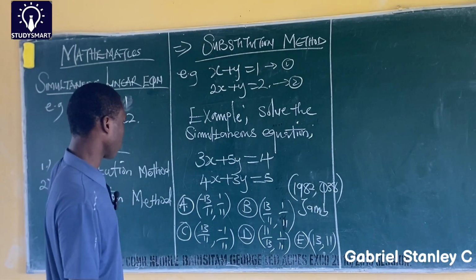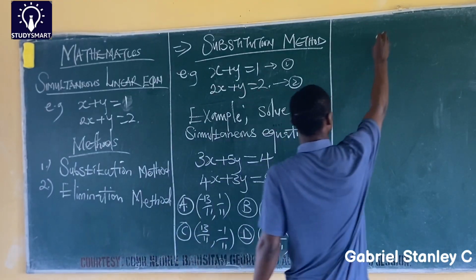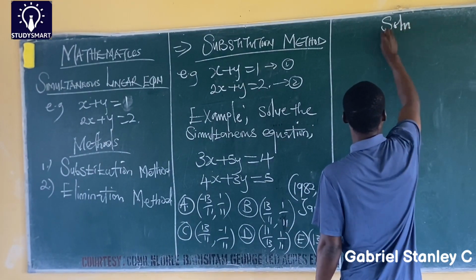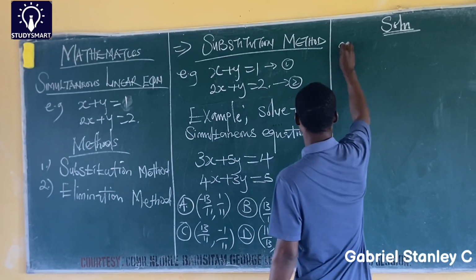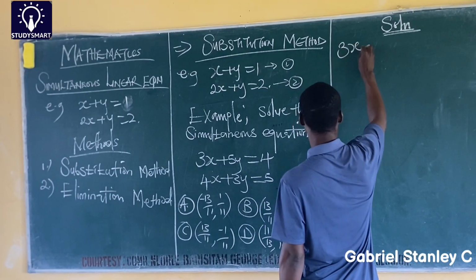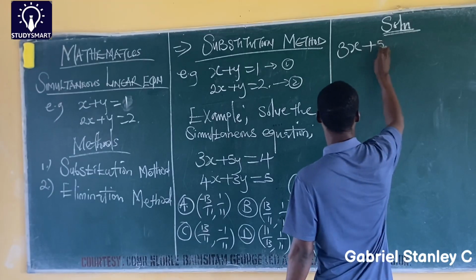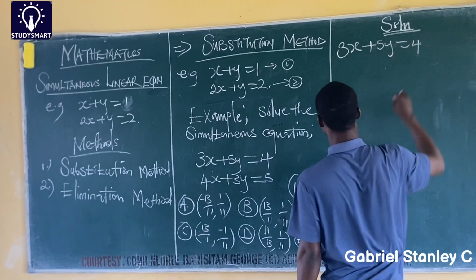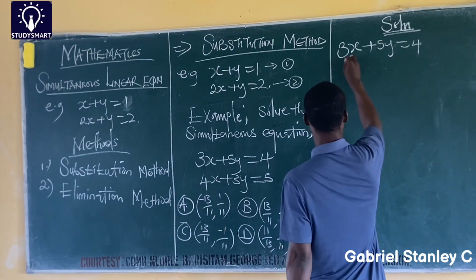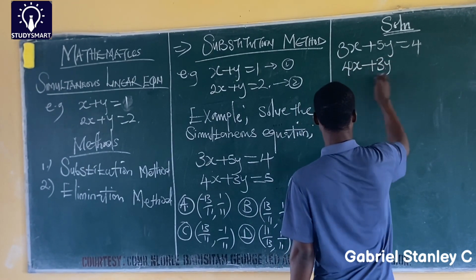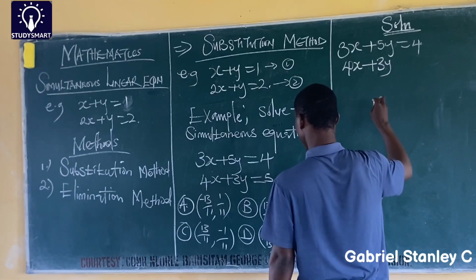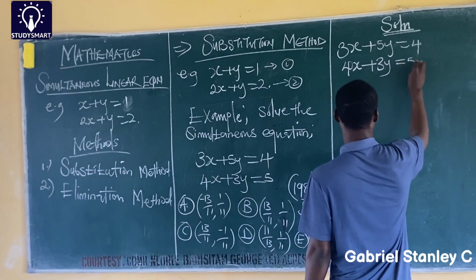Alright, so let's start by bringing back our question. The question was 3x plus 5y equal to 4, and 4x plus 3y equal to 5.